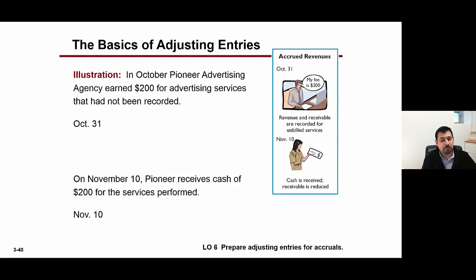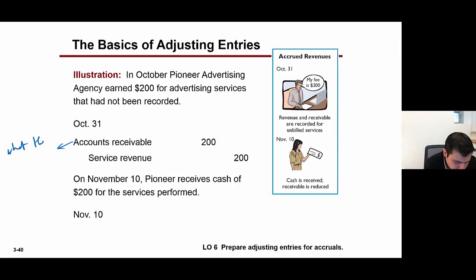And because they haven't received the cash, they provided a service on account. They provided the service without being paid. As a result, the asset, accounts receivable, is debited $200, and service revenue is credited $200. This is money now that the customer owes them.